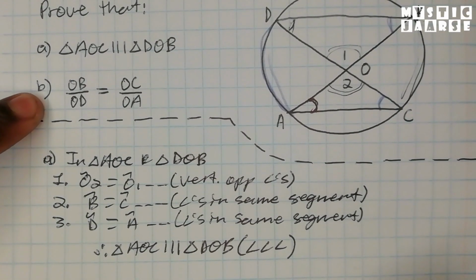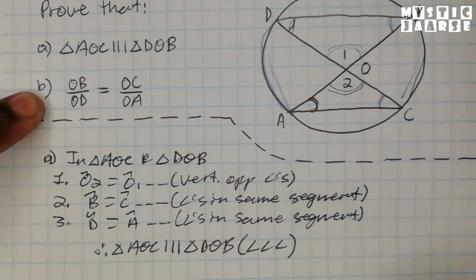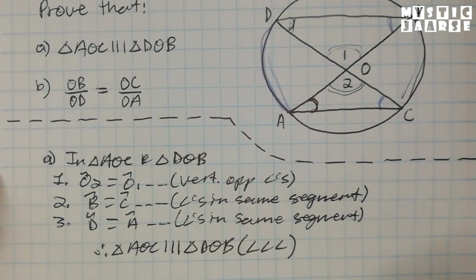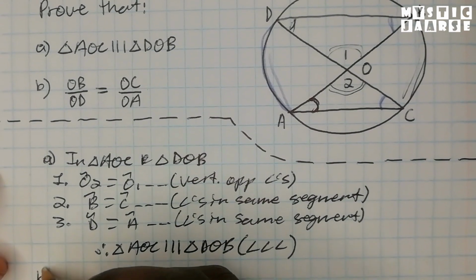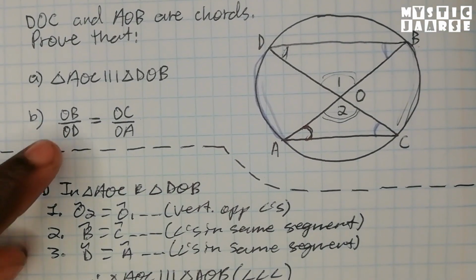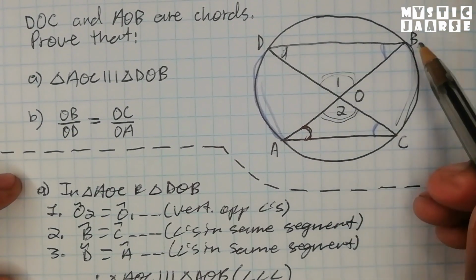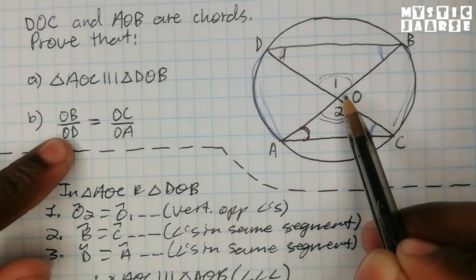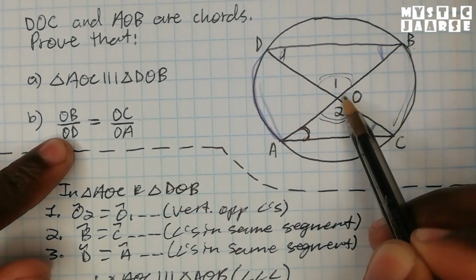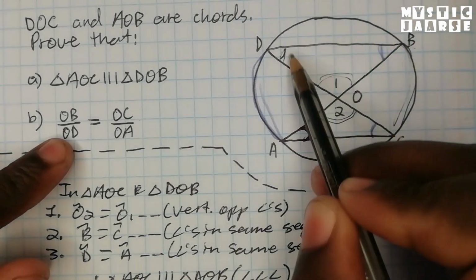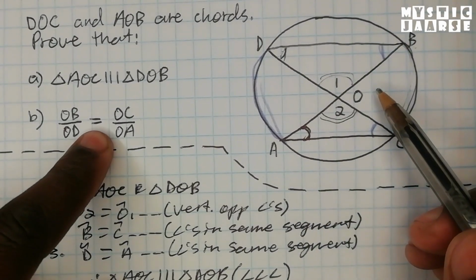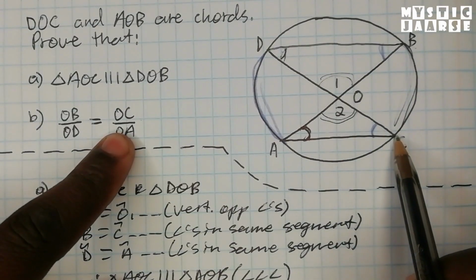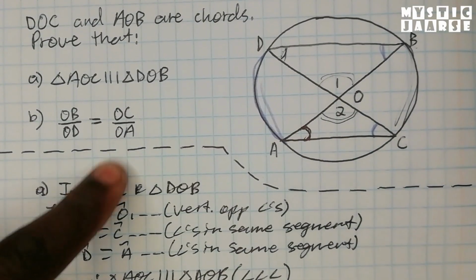Now, since the 2 triangles are similar to one another, the ratio between their sides is proportional. This is B. We are required to prove that side BO divided by side OD, the ratio of these 2 sides from this triangle, is proportional to the ratio of when you divide side OC by side OA.